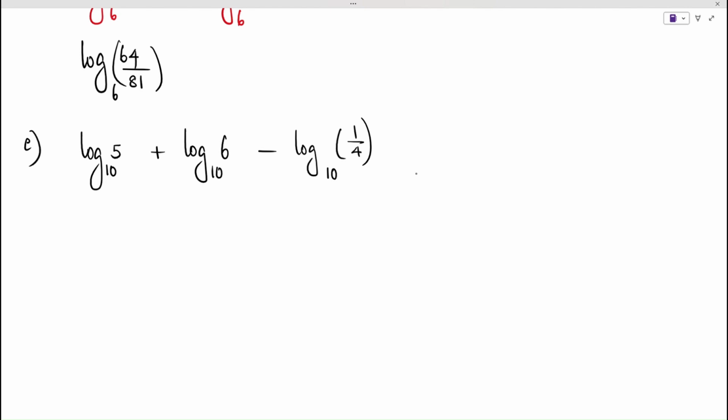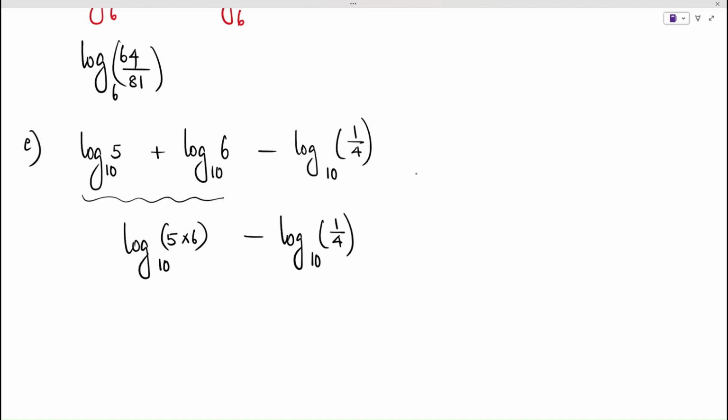So with this, we can simplify it down to log 5 times 6 to the base 10 with our multiplication law minus log of 1 over 4 to the base 10.